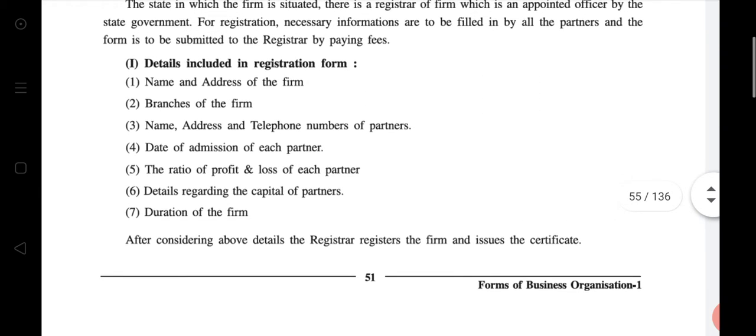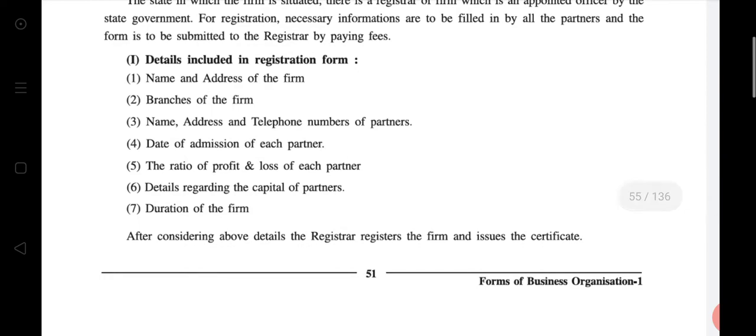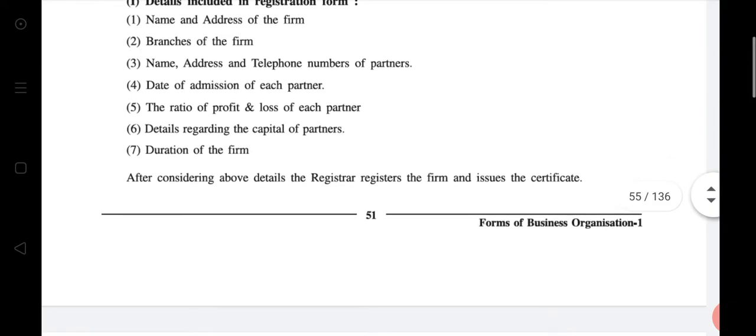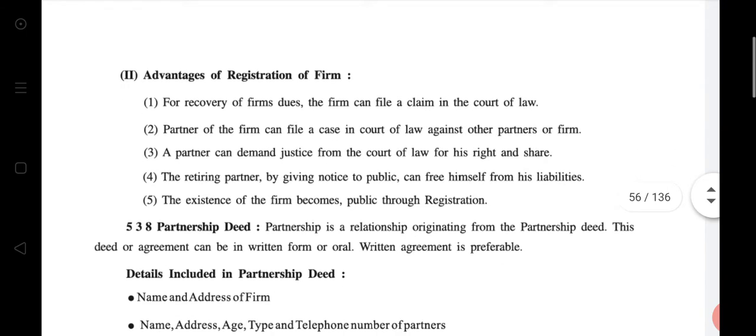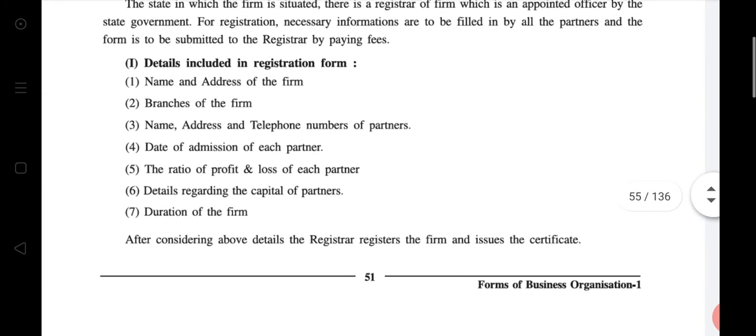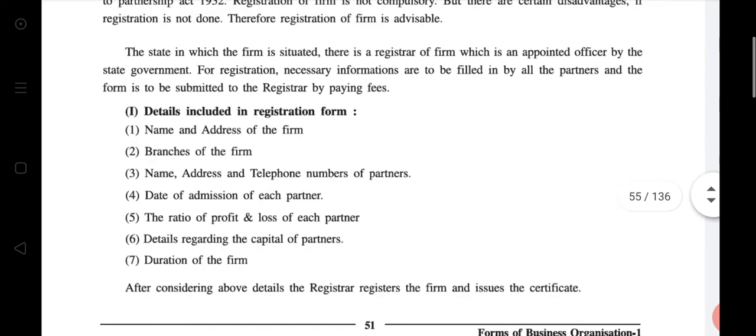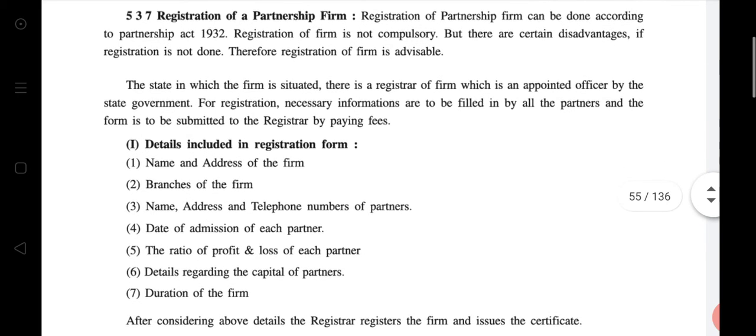And after completing all the above details, the registrar registers the firm and issues a certificate of registration. Okay, clear? See students, it is very easy. So nothing like any tough explanation or anything to understand in this topic.